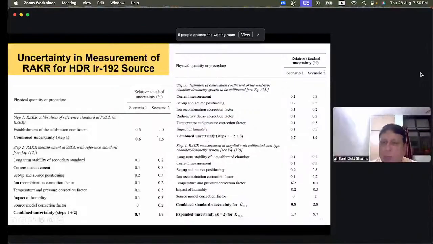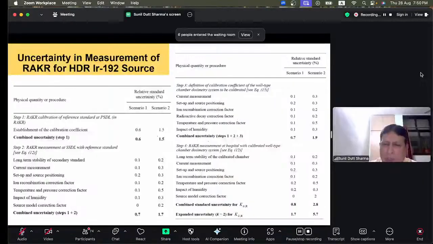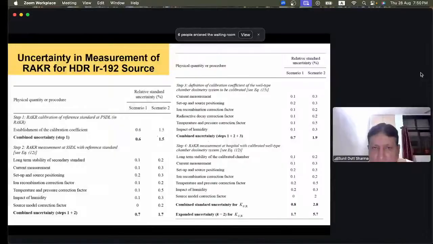This is just for example. Please do not copy this for any specific measurement. A word of caution has been given in TRS 492 also. This is a typical example given to help the user in estimating the uncertainty in measurement.